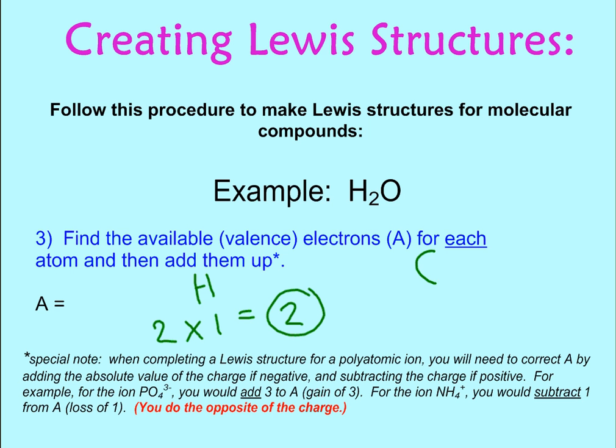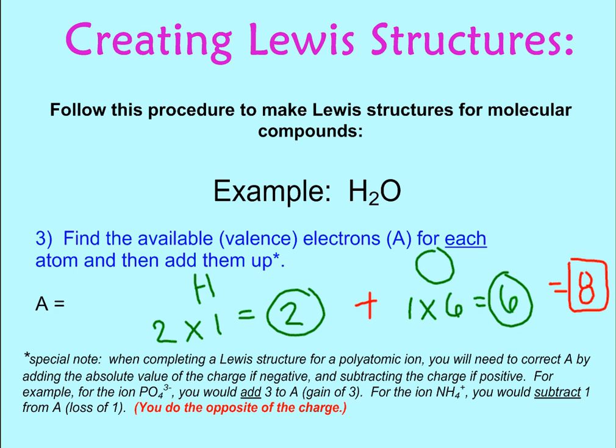Then you have oxygen, which has 6 valence electrons. But I want to know the total available valence electrons, so I add 2 plus 6, which gives me 8 for the A value. So we said N was 12, A was 8.